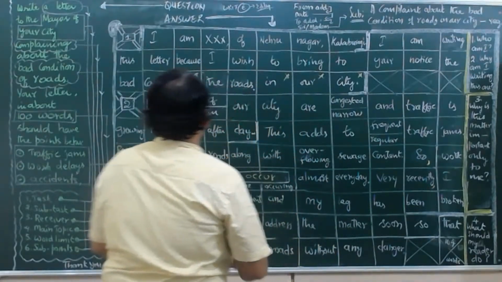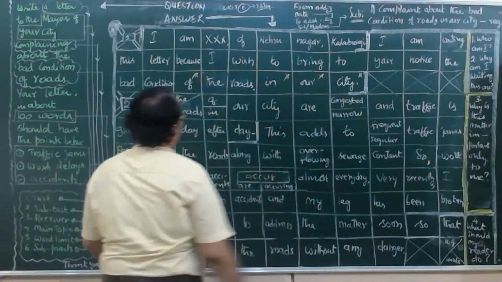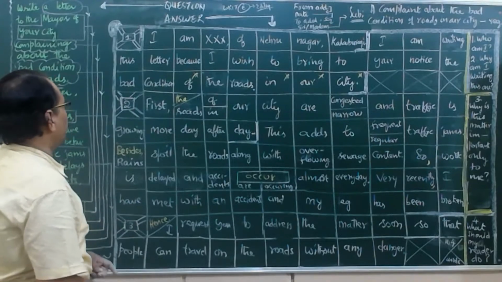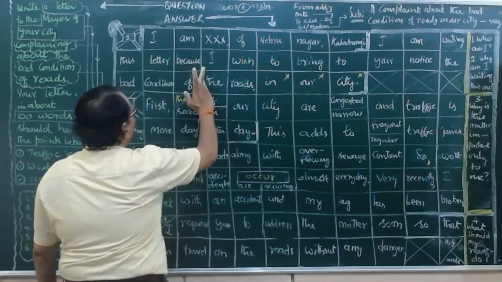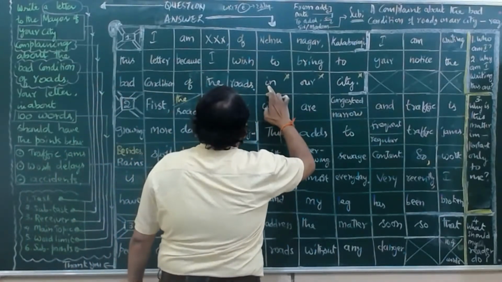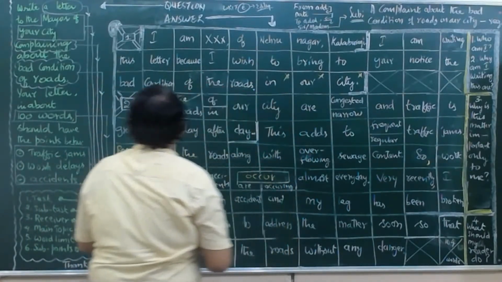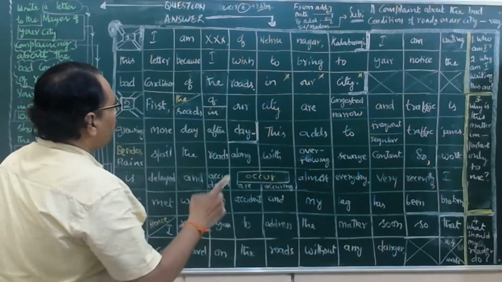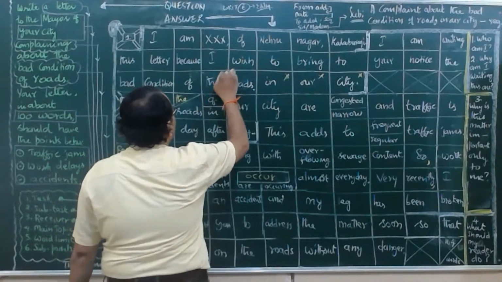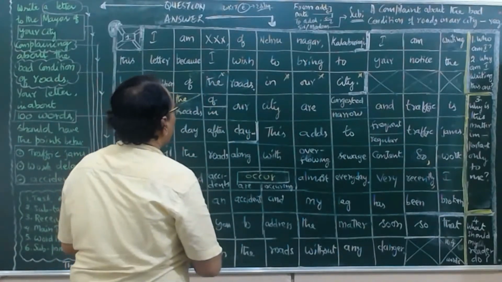Or if you think, sir, we will remove these words, that is, we don't want to write the bad condition. Okay, of is important. The bad condition of roads, the bad condition of the roads in our city. Okay, so if you wish that, you can remove this. Then altogether you can remove 4 words.